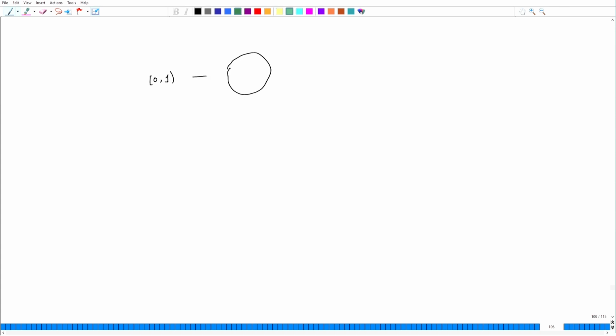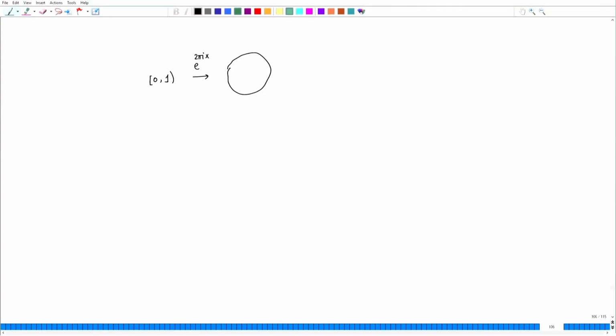That means if we look at the map e to the power 2 pi i x, then this is going to be one periodic, or if I want to get 2 pi periodic, then as we have discussed earlier, this is e to the power i x, and then I can identify this with the unit circle with 2 pi periodicity. Okay, so for the time being we are identifying this.